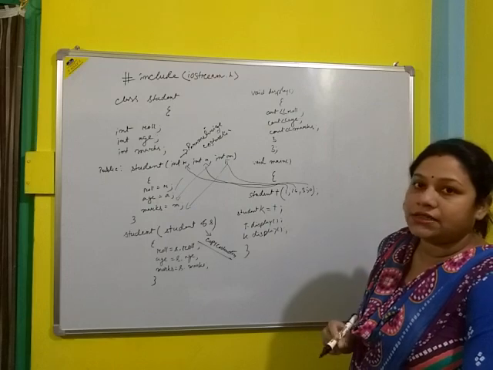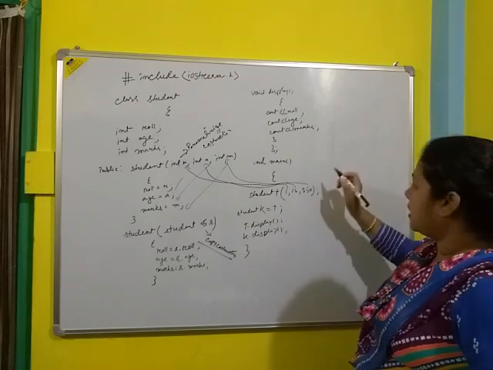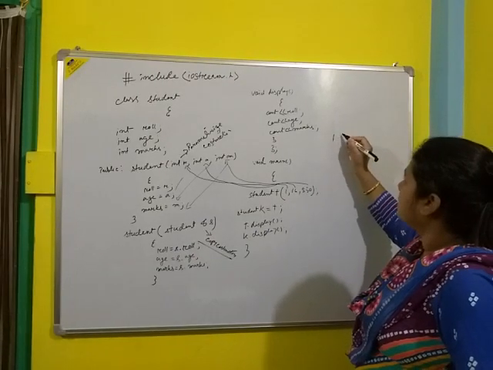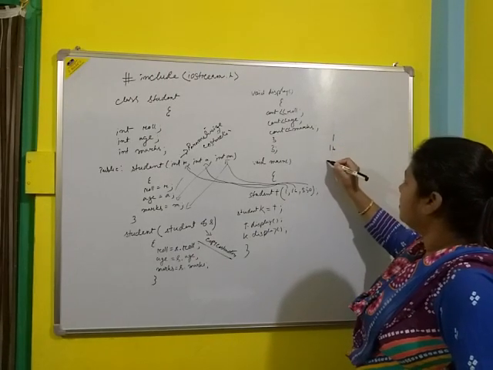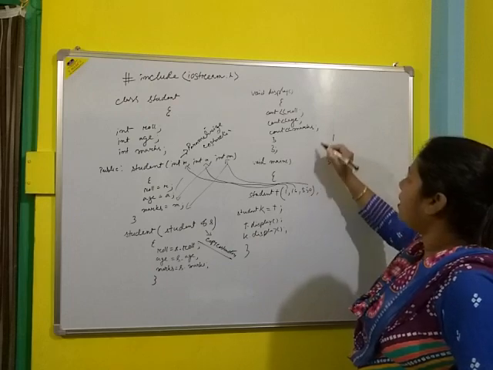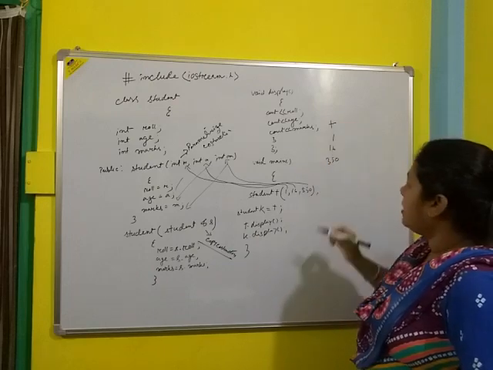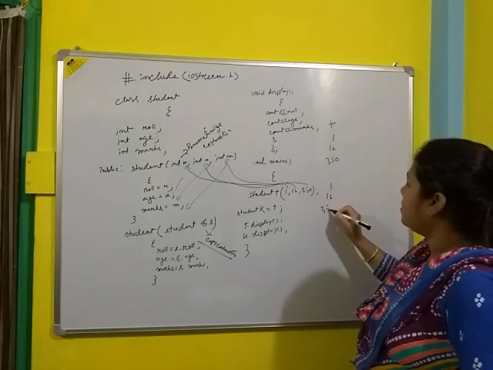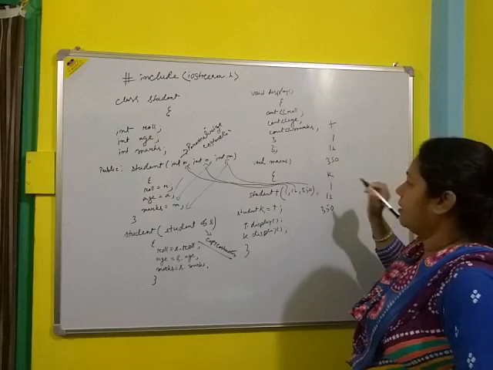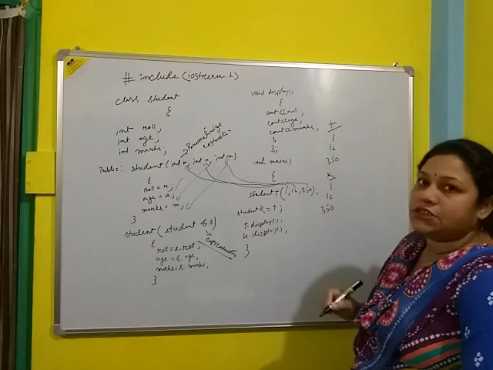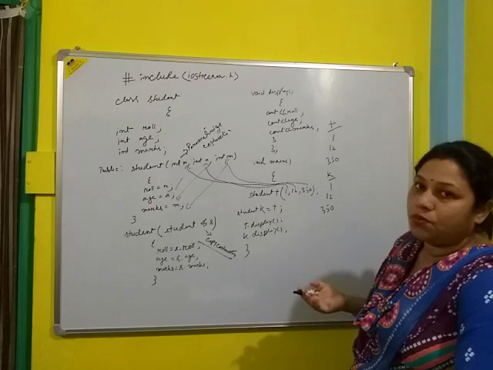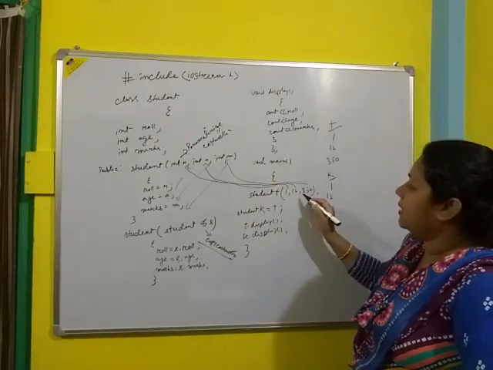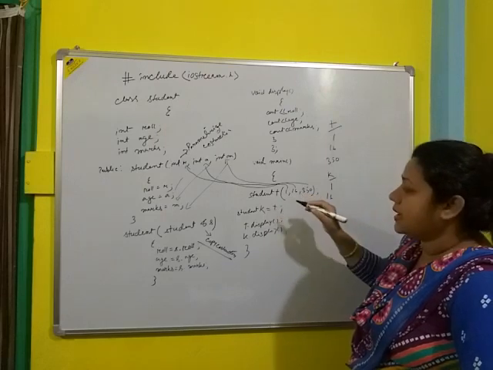So after the execution, the computer will display 1, 16, 350 for the object T. And one more time it will display 1, 16, 350 for the object K. The same result will be displayed for both objects, because the copy constructor copies the content of one object to another.